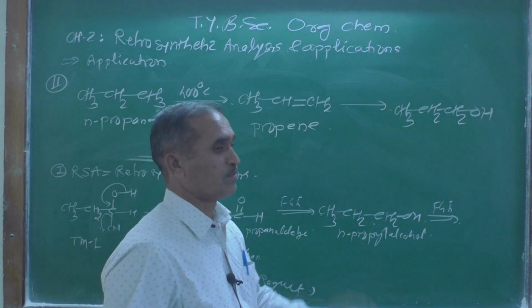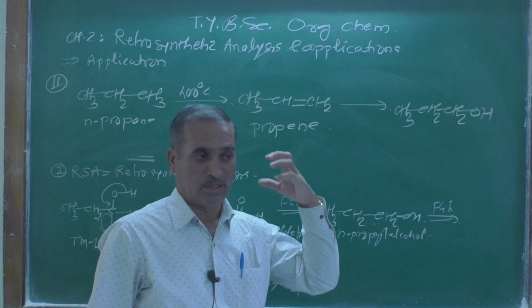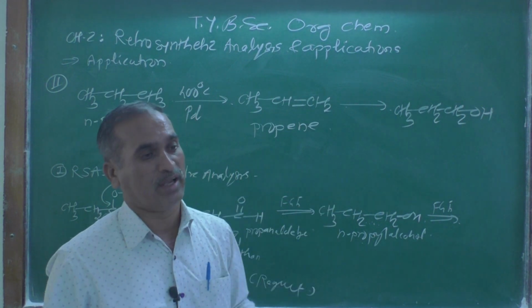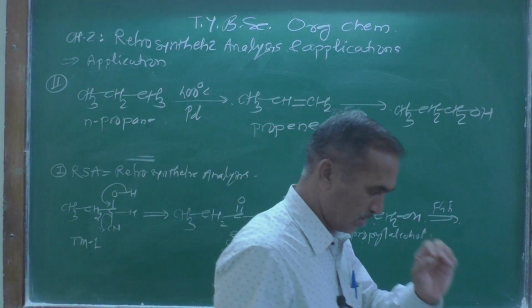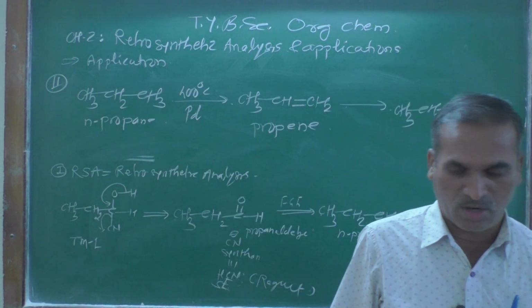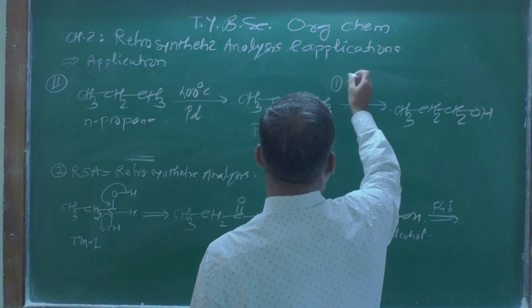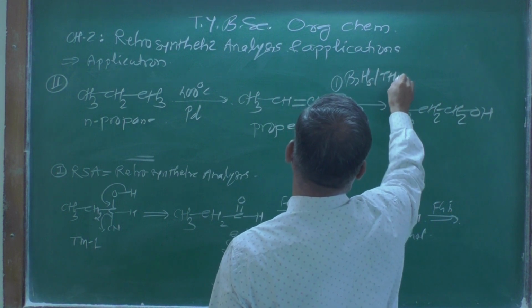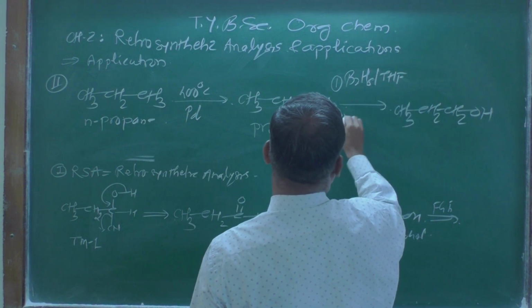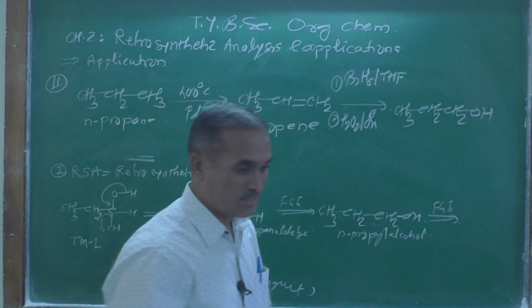So recall your memory, then you will find the reagent used in a hydroboration oxidation reaction. Most of you might know it: B2H6 in presence of THF, and second, H2O2 in presence of OH minus.